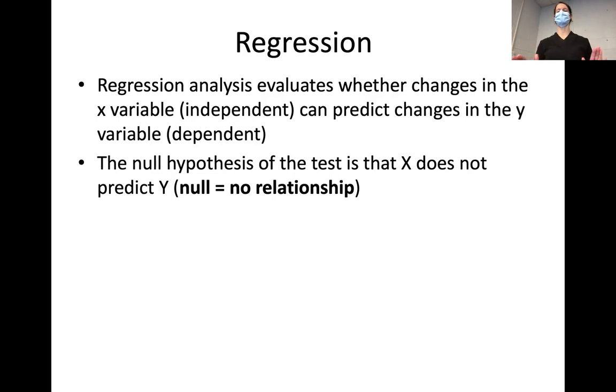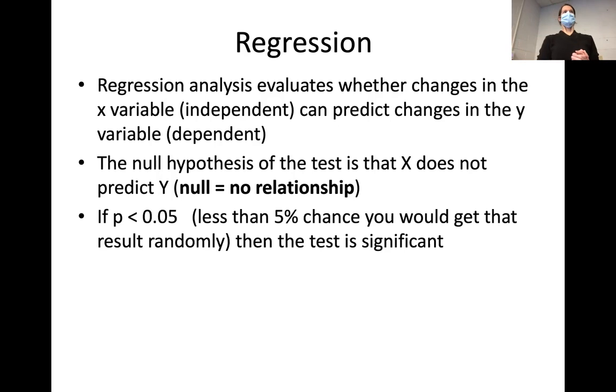You're looking for a relationship or no relationship. Again, p less than 0.05. You can run a regression: you look at all your data, plug it into Excel, and it'll tell you what your p-value is. If it's less than 0.05, the test is significant and there is a significant relationship.